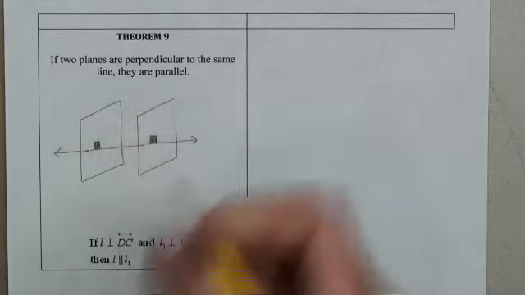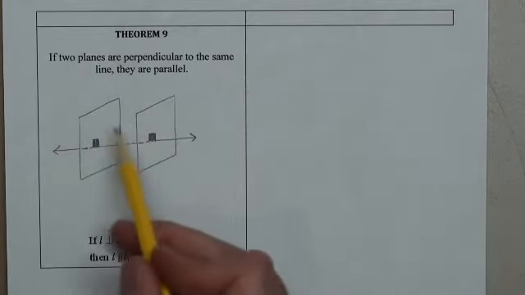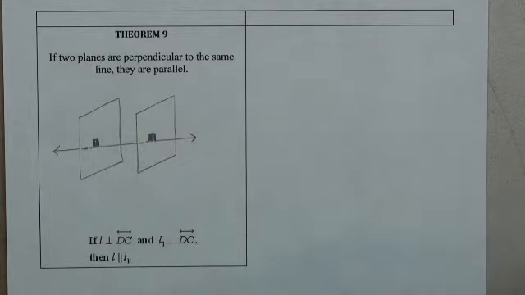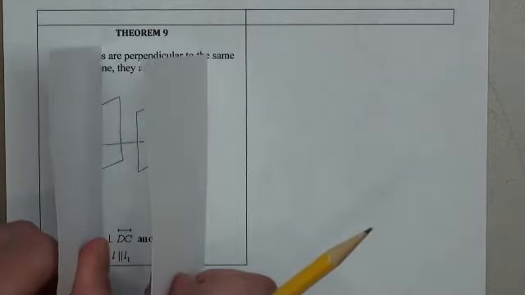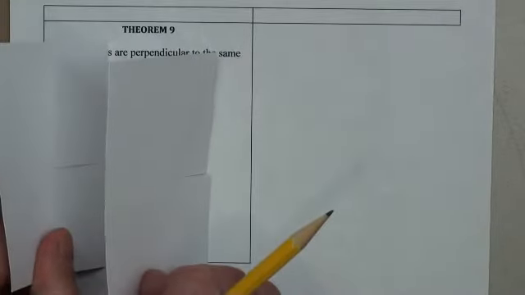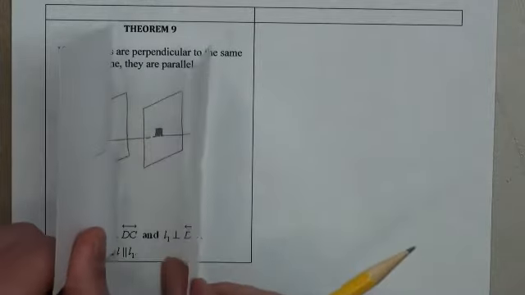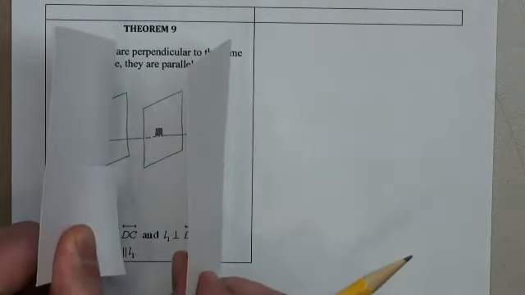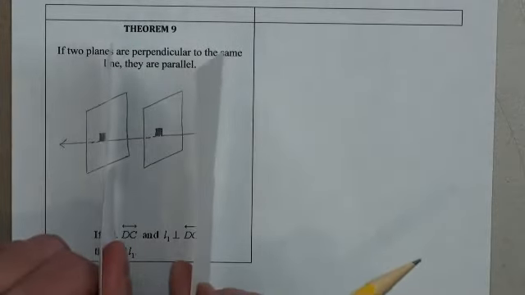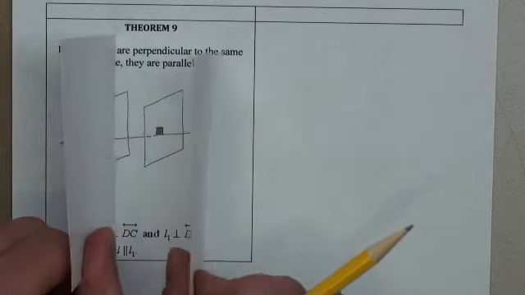So this line is perpendicular to both of those planes. If that's the case, then these two planes are parallel. That means the two planes are exactly side by side and parallel, just like this, or like this, or like this. Which means they're not crooked to each other. They'll never intersect. They're exactly parallel. Whether they're like this, or like this, or like this, doesn't matter. They will never cross. They're parallel planes.